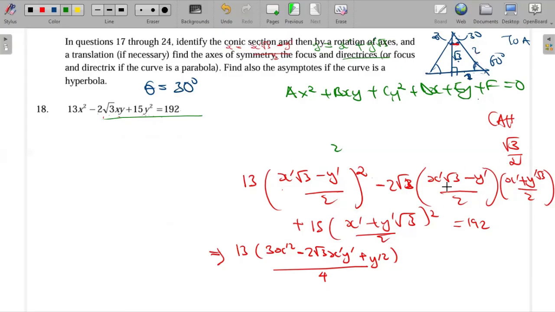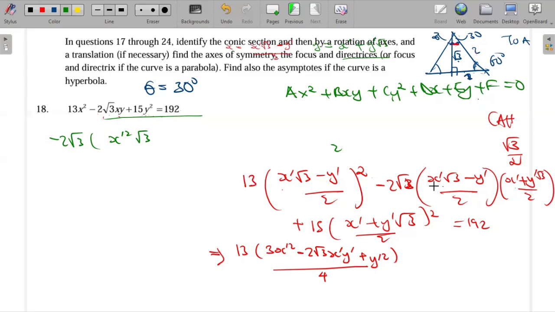So here I'm multiplying this by that, which gives you x. So that's going to be negative 2 root 3. Then you have, that is x prime squared root 3. And this by the y root 3 here.